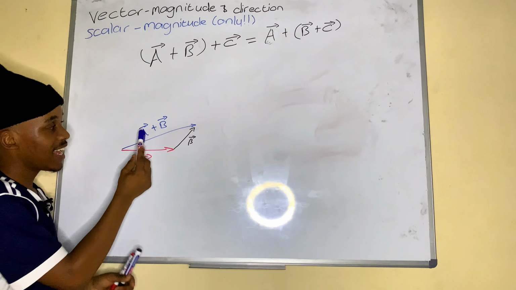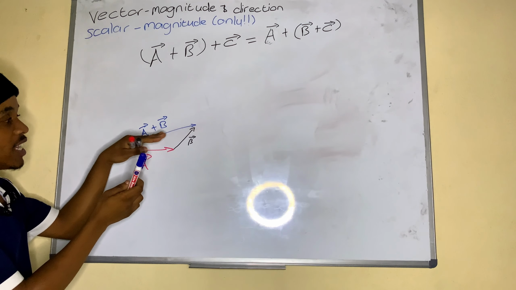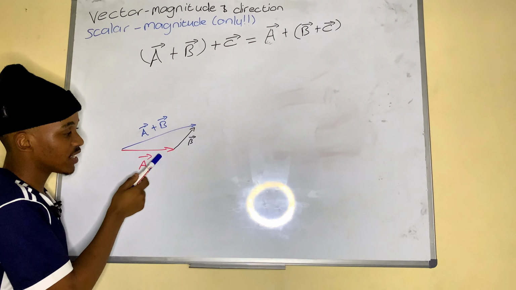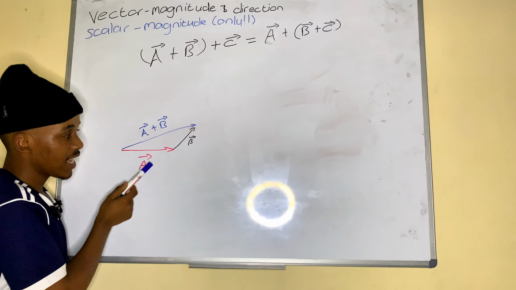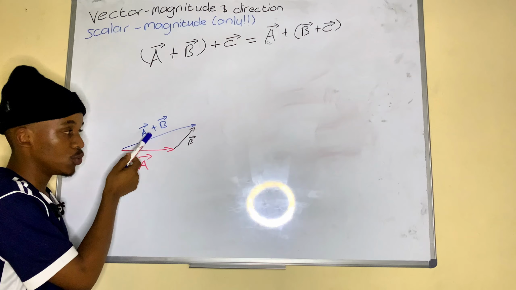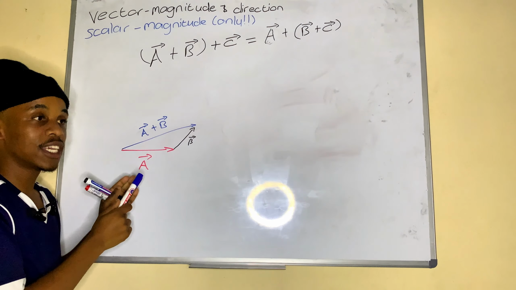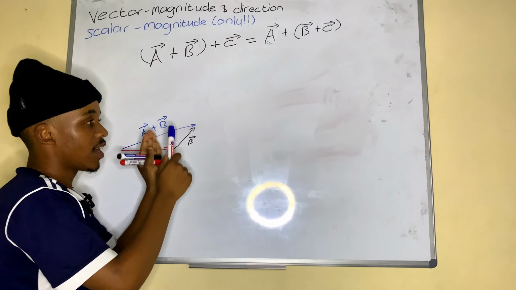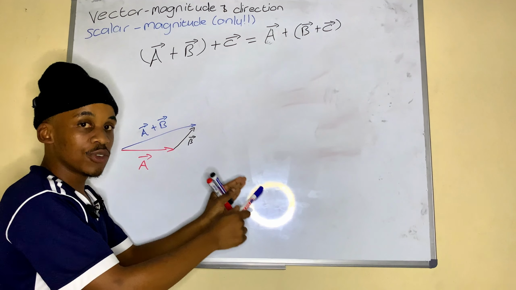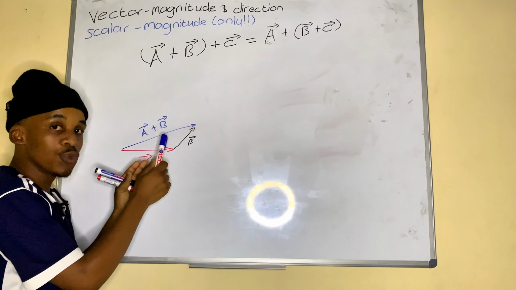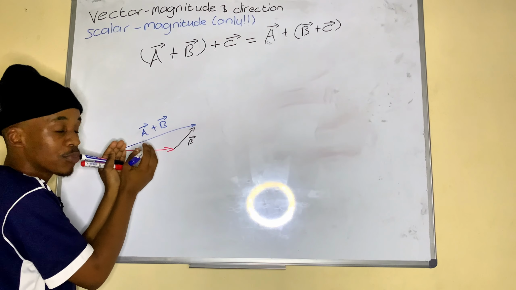And so vector A plus B is its own vector because, as you can see, its direction is different from vector A and vector B, as well as its magnitude is different from vector A and vector B. So when you add two vectors, you get a third vector which has a different magnitude and it could have a different direction. So vector A and B, we will treat it as its own separate vector.